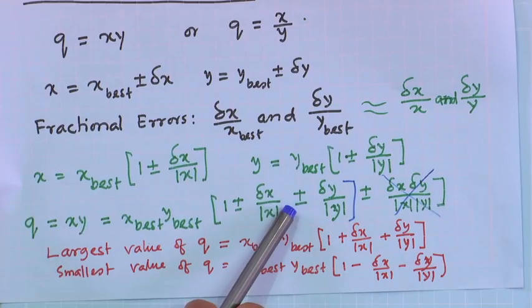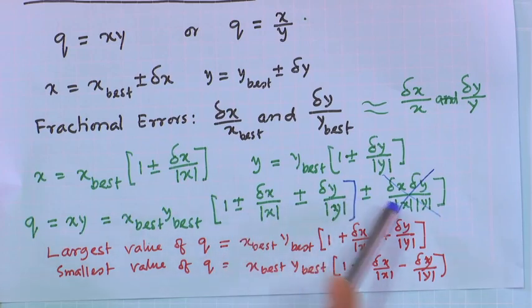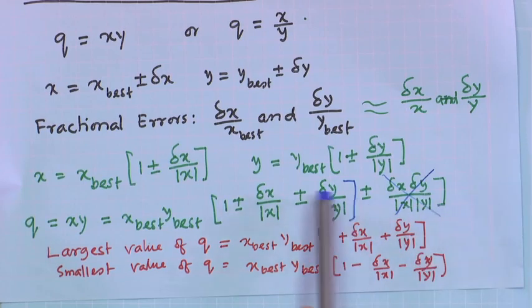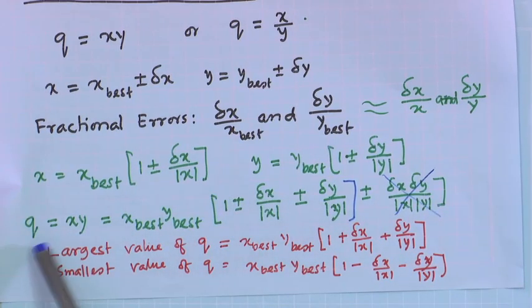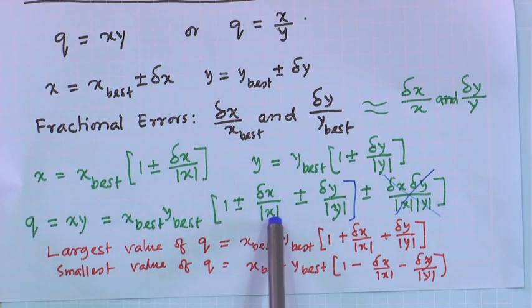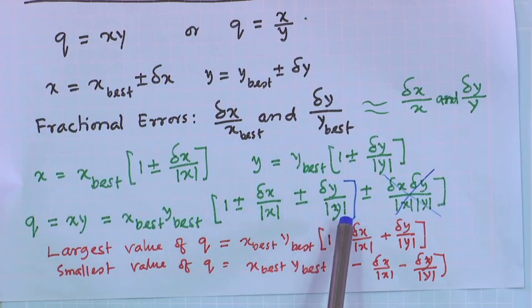So basically this last term is very small compared to the other two terms, so we do not consider it, we neglect it. Ultimately, q equal to x best y best, then 1 plus minus del x by x plus minus del y by y.